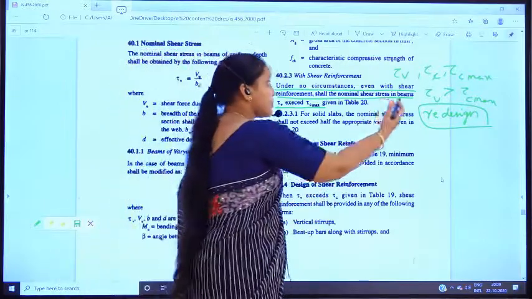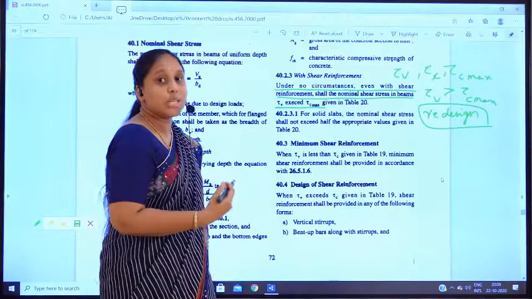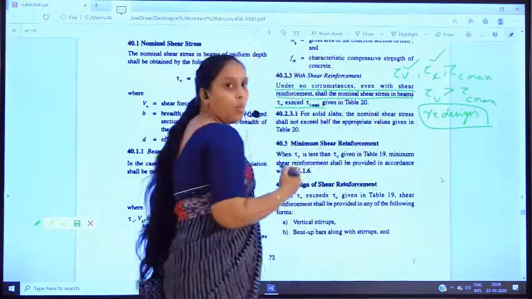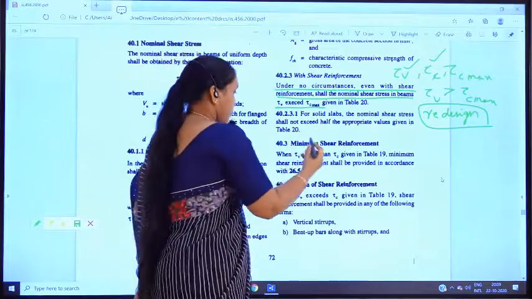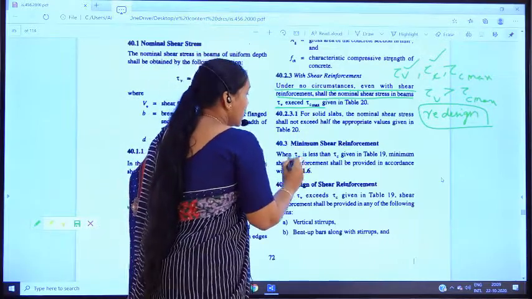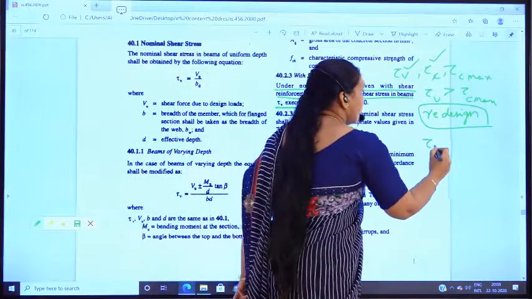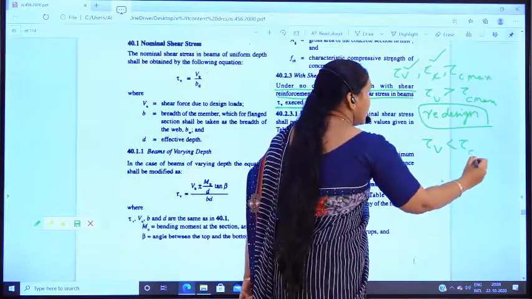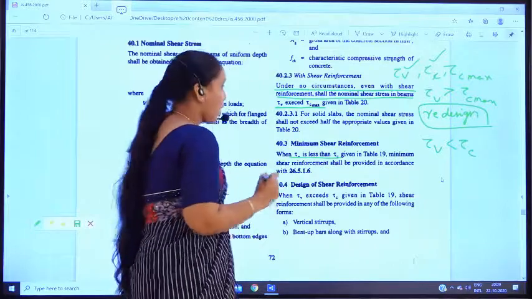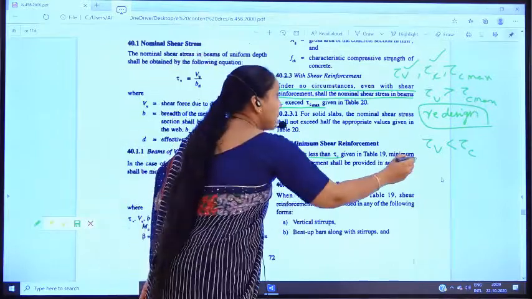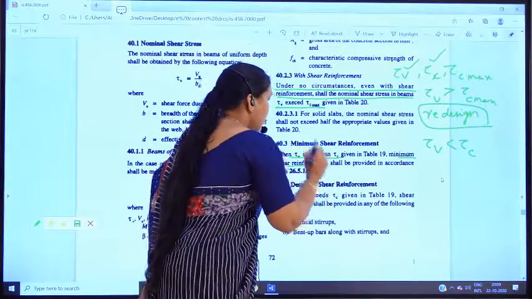The next step is to compare the tau V and tau C values. When tau V is less than tau C, then we have to provide minimum shear reinforcement.